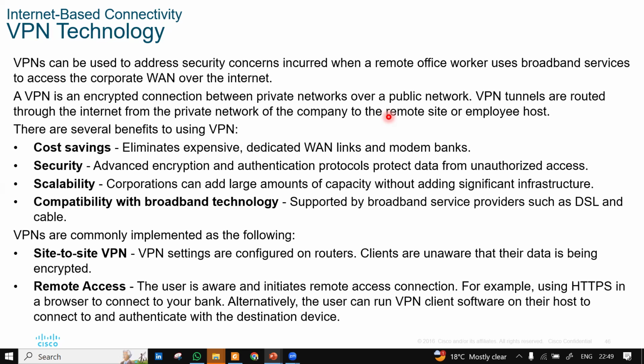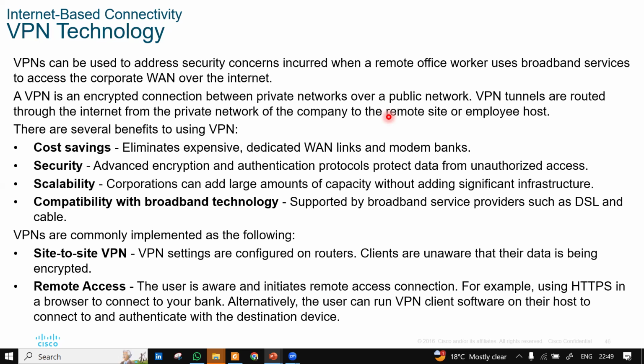Scalability: corporations can add large amounts of capacity without adding significant infrastructure. The infrastructure is already there, the internet. When we talk of the internet, if I was in a normal class, I'd be asking what you think of when you talk of the internet. I'm sure you'd be thinking about connectivity, getting information.